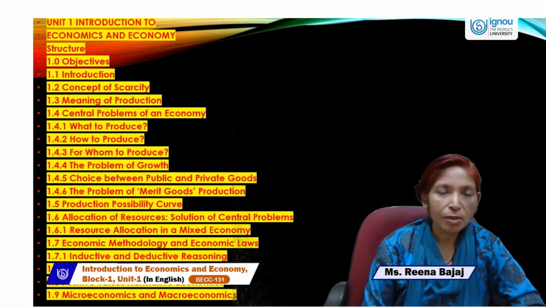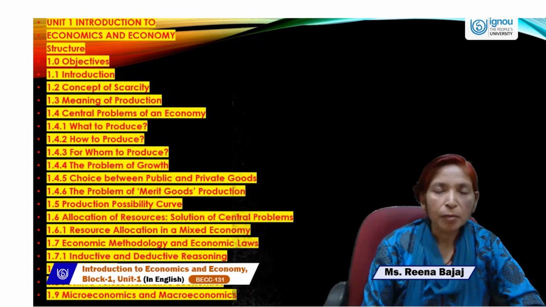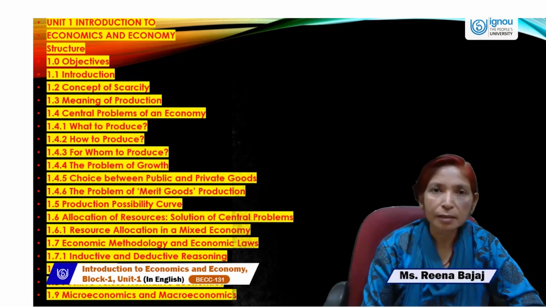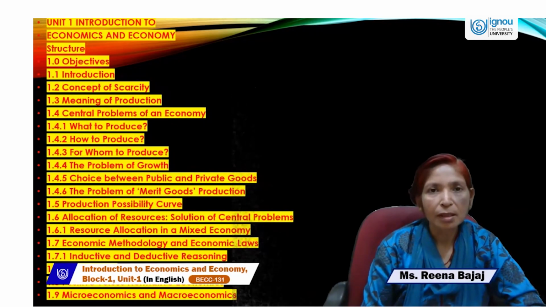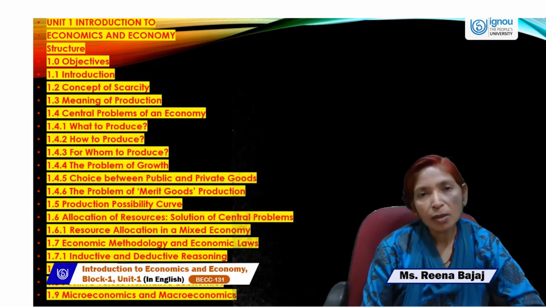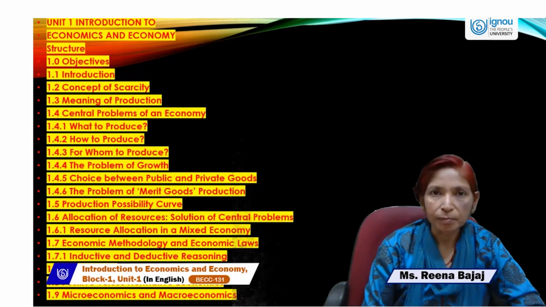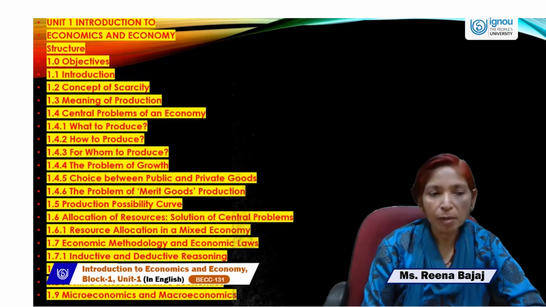Choice between private goods and public goods, the merit goods problem, and the production possibility curve, PPC, which is also known as the production possibility frontier. And resource allocation: when resources are limited and wants are unlimited, how these create the central problems of an economy, and how we can solve them.